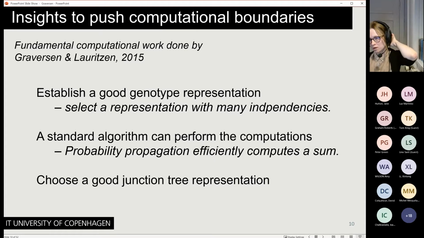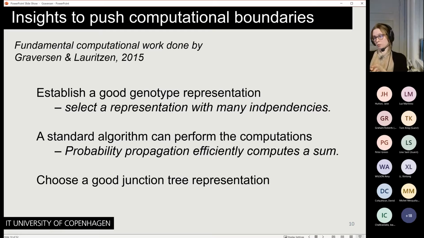And then the third thing was, while I started off with good genotype representations, actually that wasn't quite enough to be efficient. And that's not extremely surprising, because for the probability propagation, first of all, there were several genotypes that will be linked together via the mixed signal, so that introduces new dependencies.